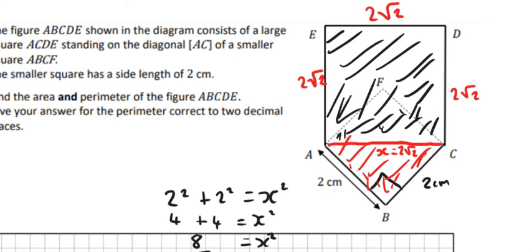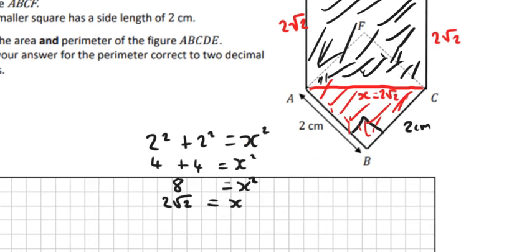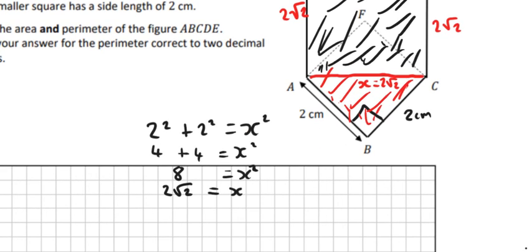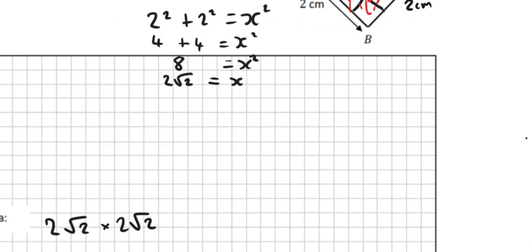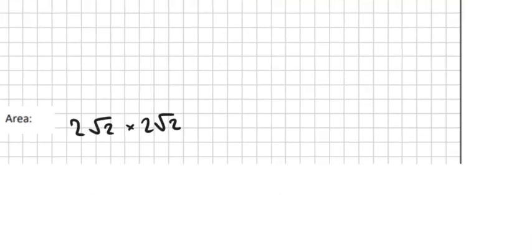The formula for the area of a triangle is half times base times height. So the base here will be 2 and the height will be 2. As long as they're at right angles to each other, you can call one the base and one the height. So it's a half multiplied by 2 multiplied by 2. This is the square, this is the triangle.